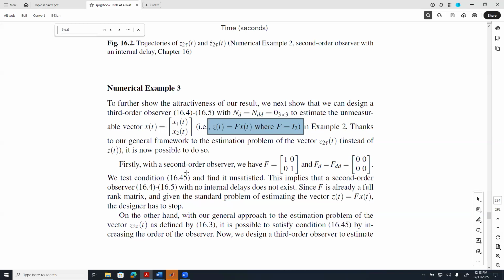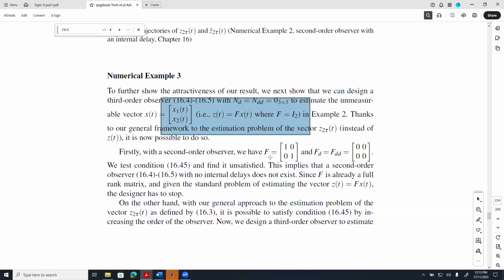When we first test the condition, where we pick these matrices associated with the generalized functional because they are 0, that's where we wanted to estimate this vector in here. Okay, not satisfied. So what it tells you is, for that problem, if we want to estimate the 2 stack variables using an observer without internal delays, a second order observer without internal delays, it does not exist.